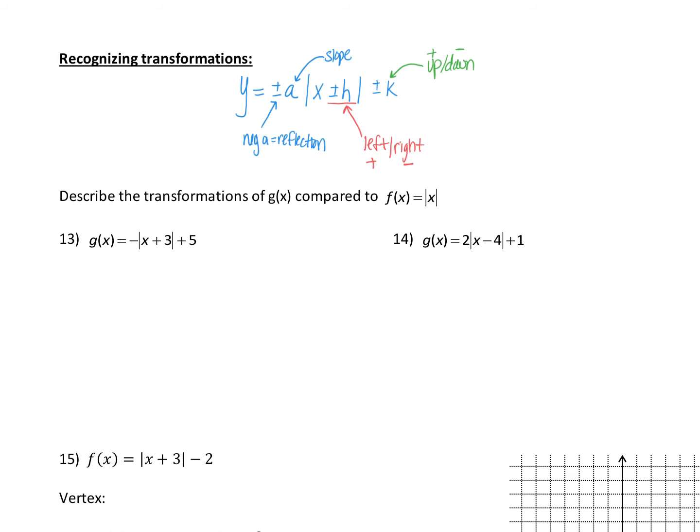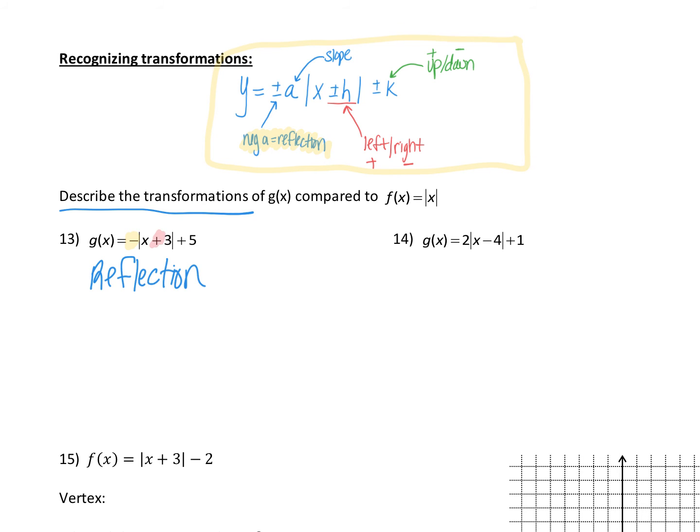All right, so for reference, I copied and pasted what we wrote on the other page so we can use this to help us. Now we're going to work backwards, and I'm going to give you the equation and I want you to describe the transformation, meaning left, right, up, down. The first thing I notice about this is there's a negative in front. A negative in front tells me that there's going to be a reflection. So the first thing I would say is, oh, there's going to be a reflection.